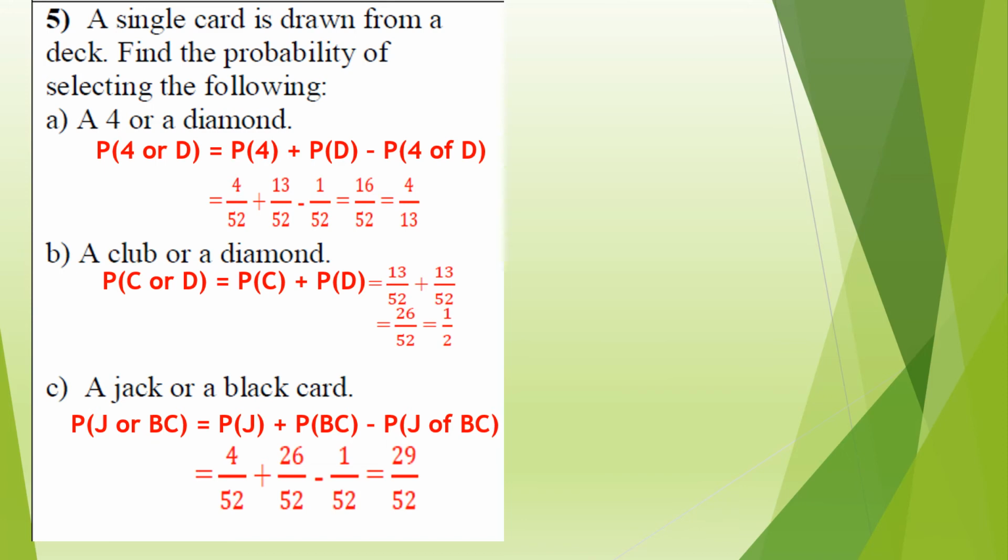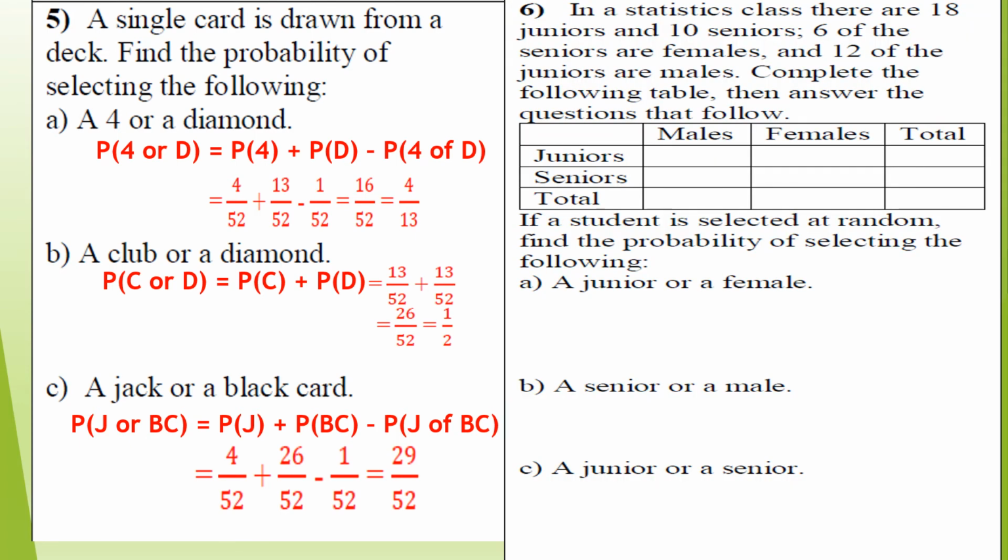So 26 over 52 minus 1 over 52 because we have already counted the jack 2 times equals 29 over 52.